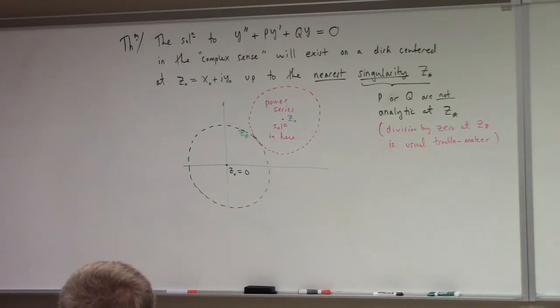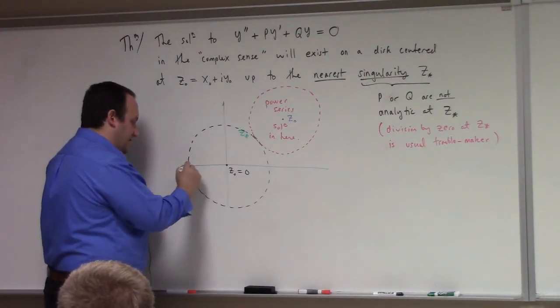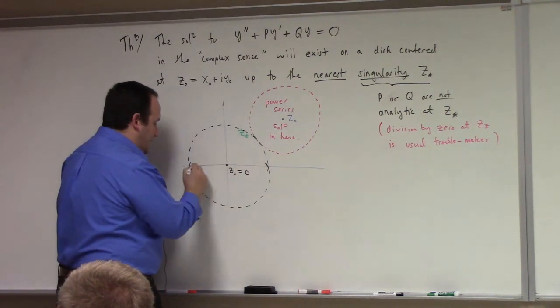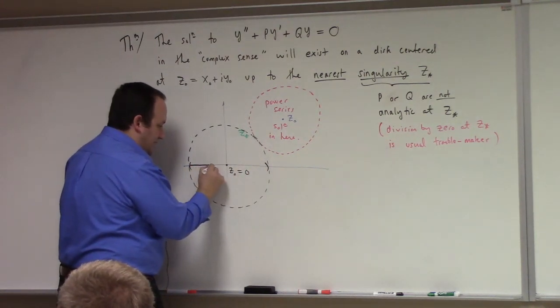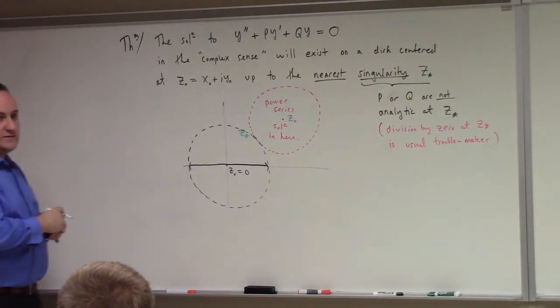Now, we don't actually care about all of the points in the complex plane where it converges, right? I mean, that's great, but what do we care about? We care about the real solution, right? But you see that actually is included in here, and in fact can be understood as the restriction to the complex solution.